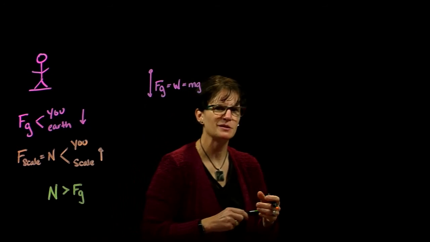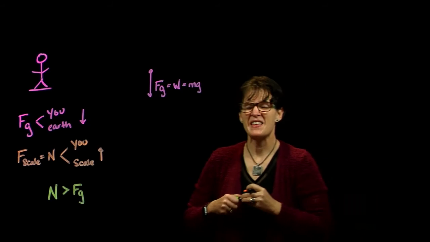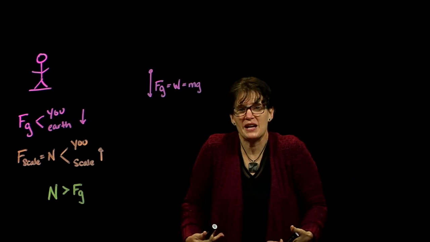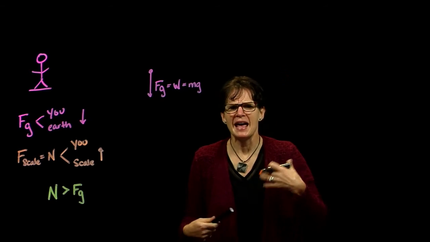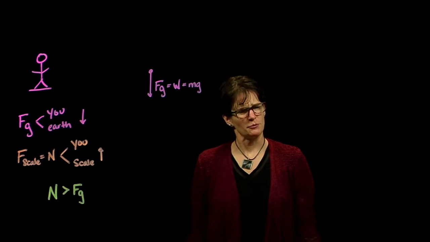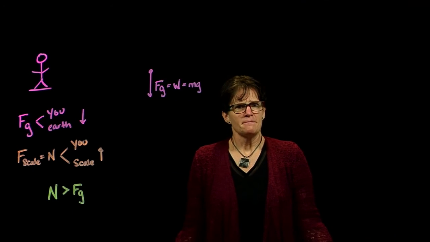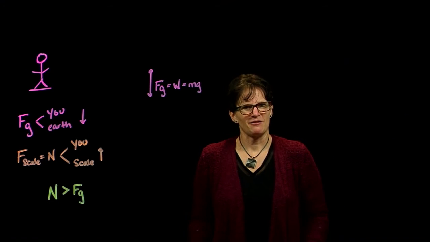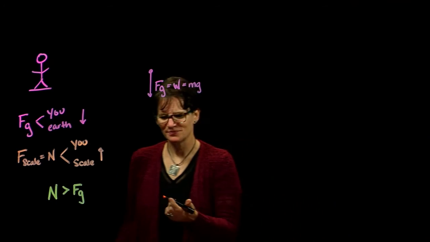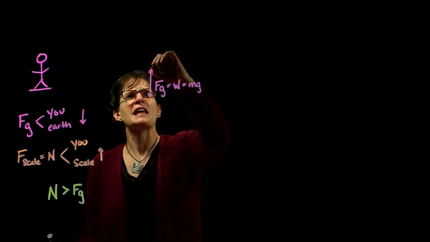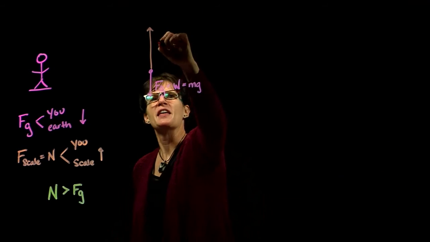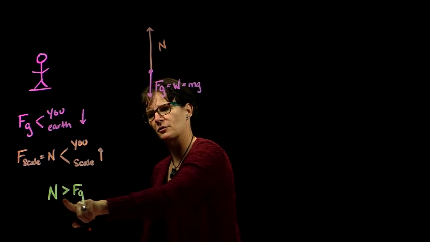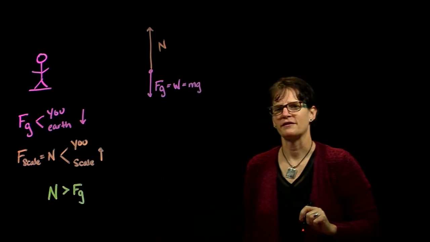That feeling that you feel is the feeling of the scale pushing up on you, and that feels different than when I'm normally standing on the scale. We feel heavy because that force is larger. So the arrow pointing up has to be greater than the force of gravity if the normal force is larger than the force of gravity.